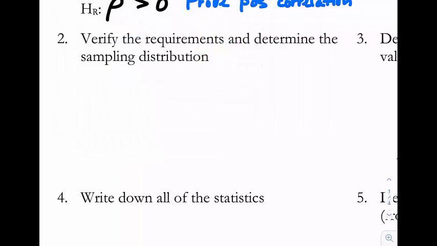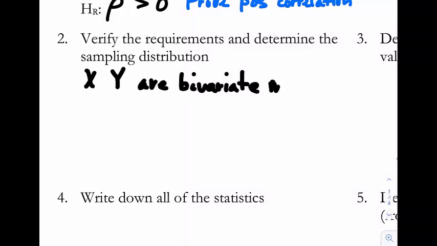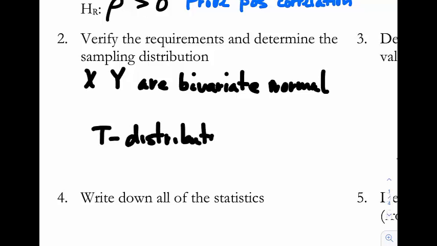But the main fact is that both X and Y are bivariate normal. And if we can get that result, then that would imply to use the t-distribution. So a lot of these concepts are locked in place.